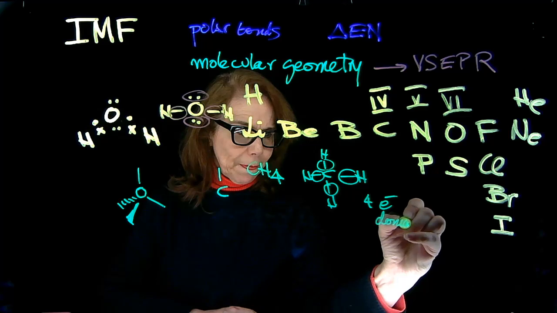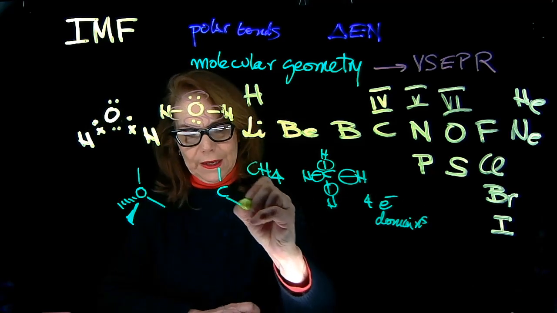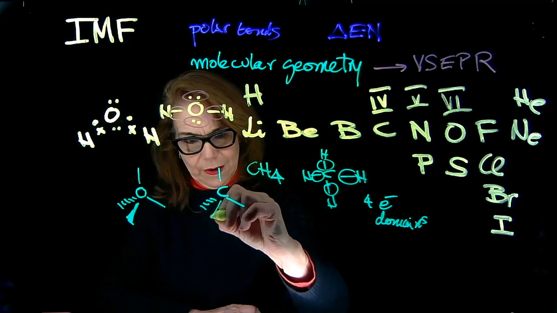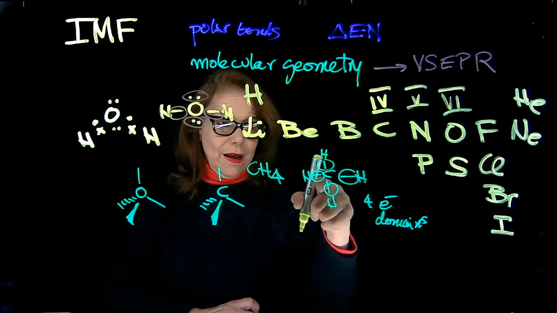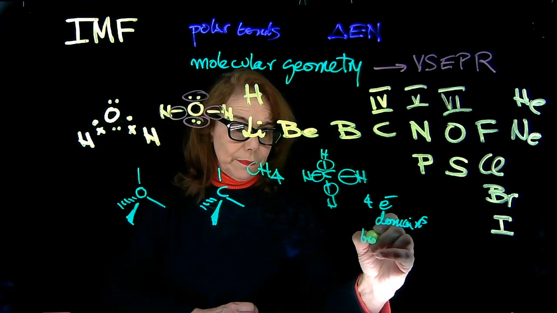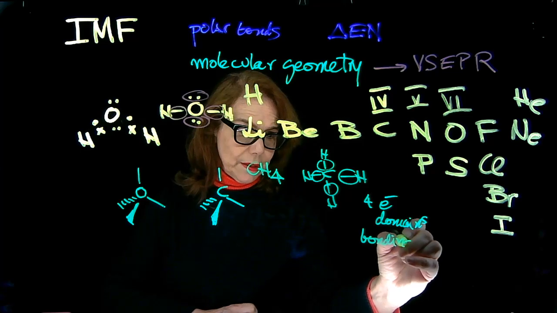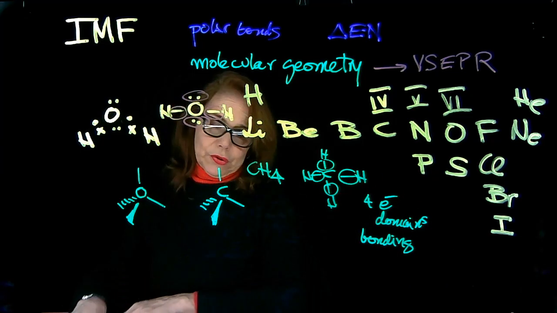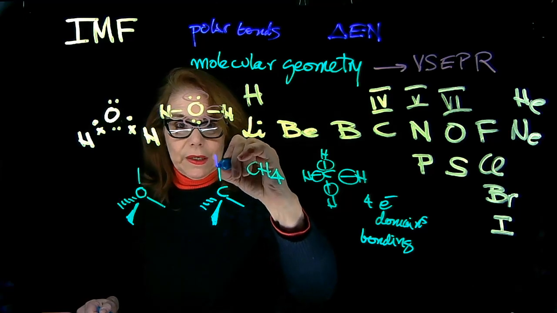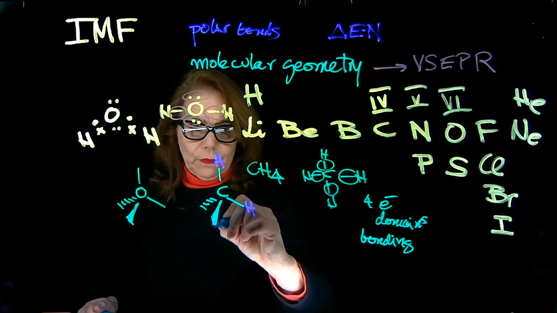So we're going to put those in a tetrahedral structure. Now here the 4 electron domains are actually bonding. These are bonds. So now we're going to complete the structure of methane by adding the H's. So 4 hydrogens.